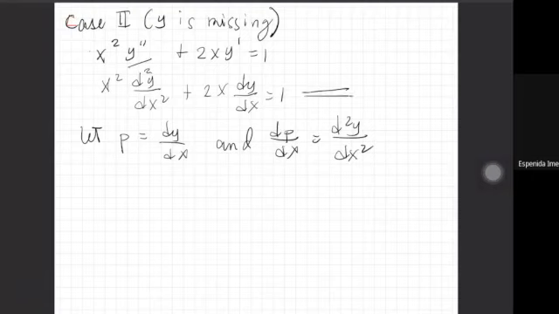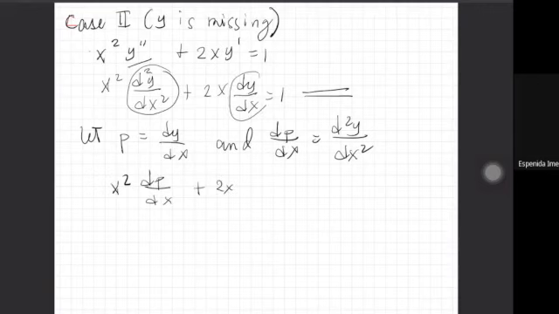It will now be in terms of p and x. So you have x squared times dp/dx, plus 2x times p equals 1.